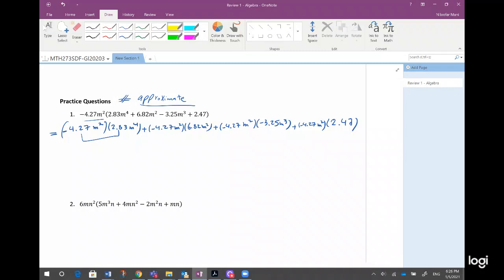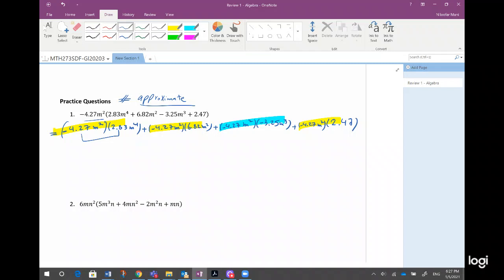So this one is negative, this one is negative, this one is positive because it's negative times negative, and this one is negative because it's negative times positive. I multiply number with number, m squared with m squared with m power 4. So what is the answer here?